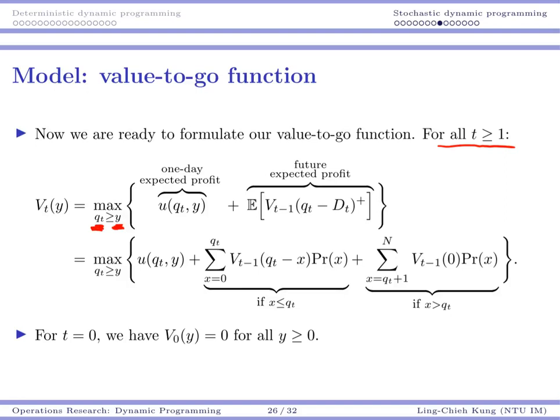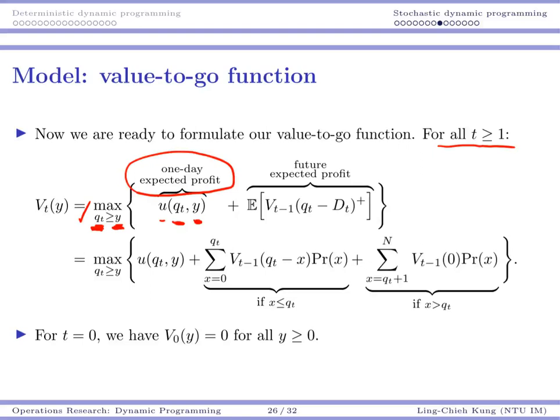We have no way to make it smaller, but if we want, we may make it bigger. Once you do it, you get QT. That QT and that y are going to determine your one-day expected profit, u of QT and y, as we have in the previous slides.